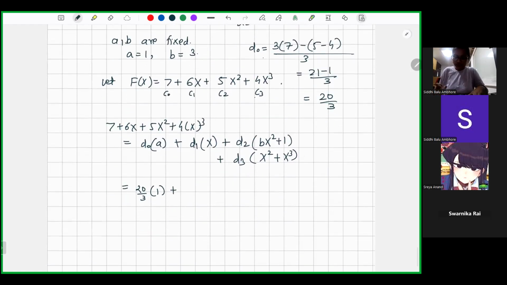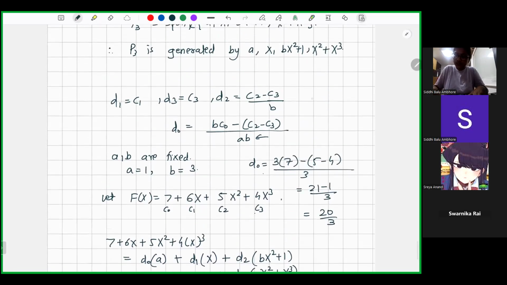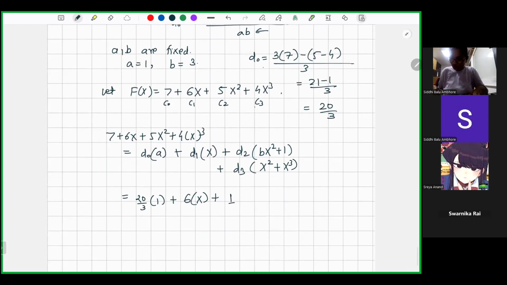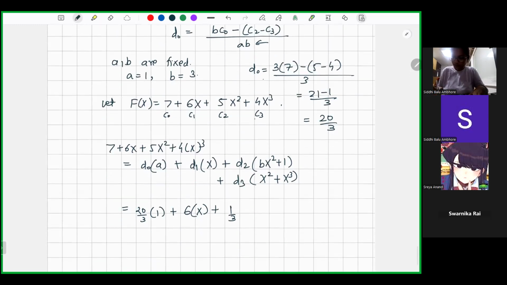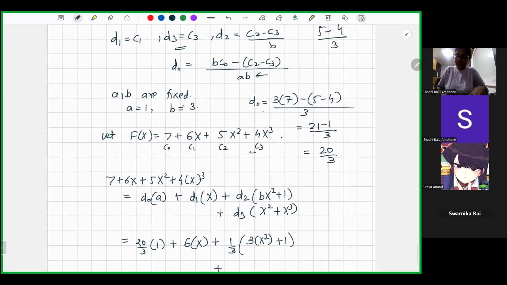Plus d1, which is just my 6 into x, plus d2. d2 is this expression, so it is c2, 5 minus 4 by 3, so this is 1 by 3, right? 1 by 3 into b, which was my 3, x square plus 1, plus d3, which is my C3, and C3 here is 4.